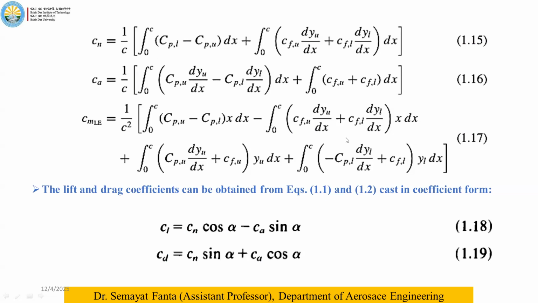So this relation finally gives us the lift coefficient CL for the aerofoil, which is Cn cos alpha minus Ca sin alpha, and CD, the drag coefficient for the aerofoil or the infinite wing, is Cn sin alpha plus Ca cos alpha. So these relations are directly taken from the aerofoil.